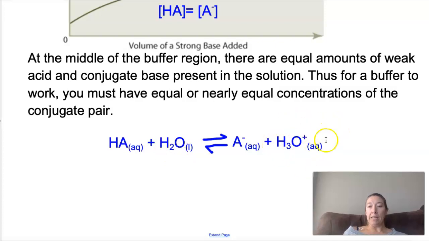If we add base, it can resist that too, because even though hydroxide isn't in this equation, hydroxide reacts with hydronium to neutralize and form water. By adding base, I reduce the amount of hydronium, and the equilibrium shifts to the right to try to replace it. Again, we don't have a large change to the concentration of hydronium, which is why our pH stays somewhat stable.